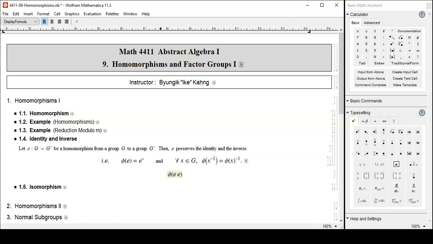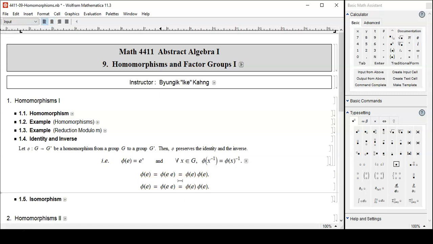If I do that, then this is phi of e times phi of e, right? But then again, what is e times e? e times e is just e. So that's what we have in the end. Let me copy and paste it once more, and then remove the middle part and look at this.